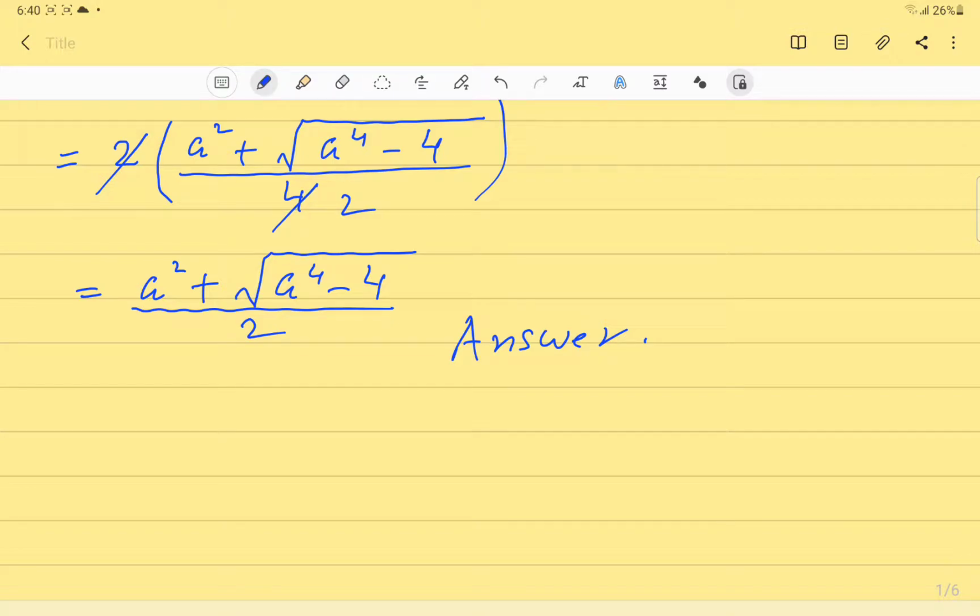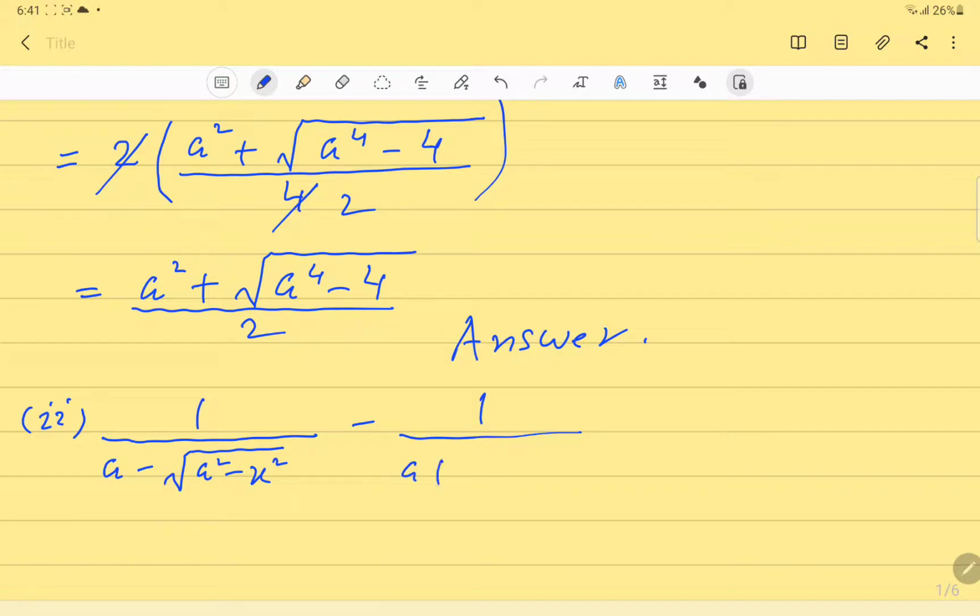Now we move on to our second part of this question, which is 1 over a minus square root of a squared minus x squared, minus 1 over a plus square root of a squared minus x squared.